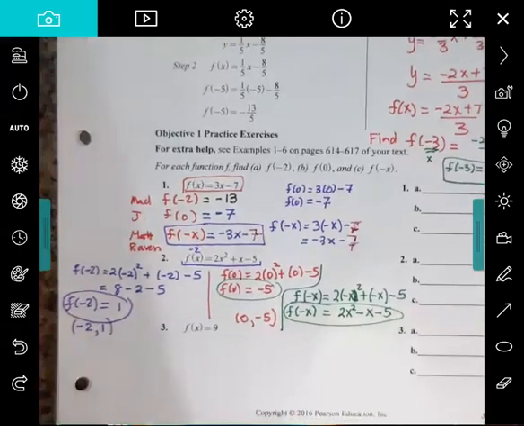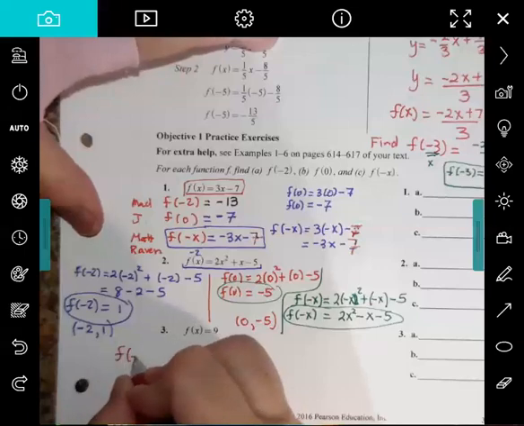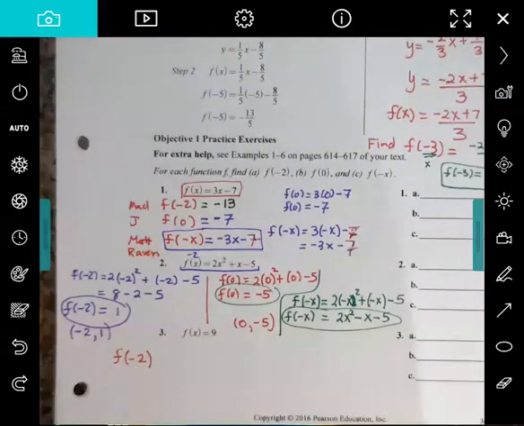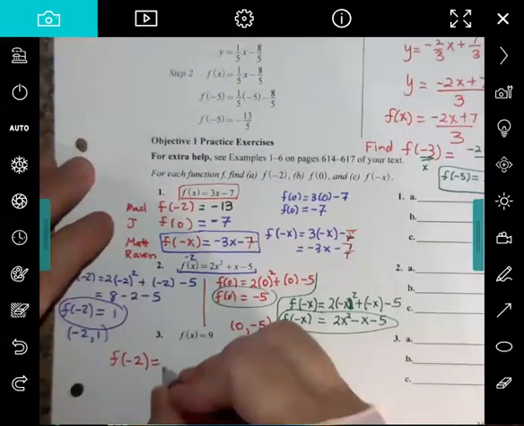All right, the last one, f of x equals 9. This is a great one. First, figure out f of negative 2. What's your theory, someone? Madeline. 9 it is.